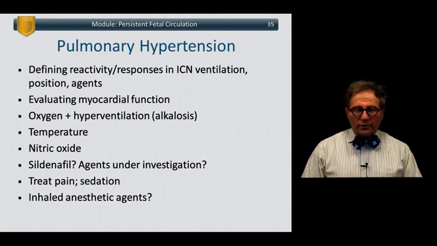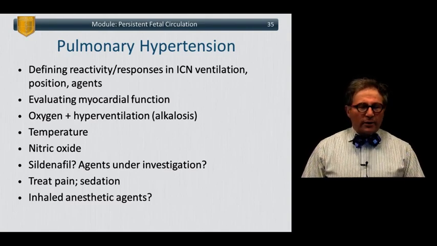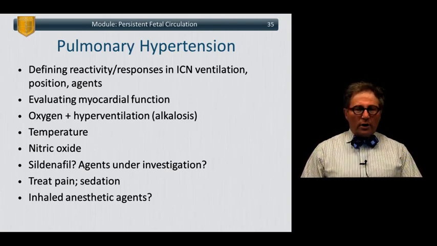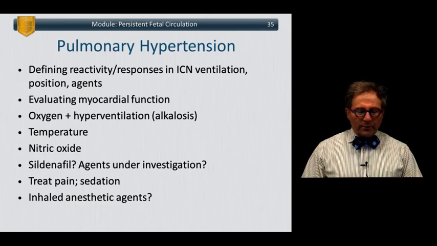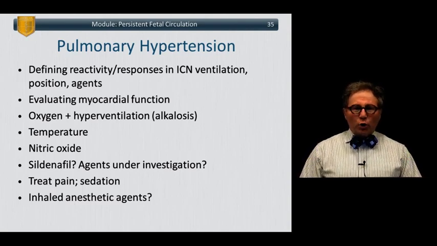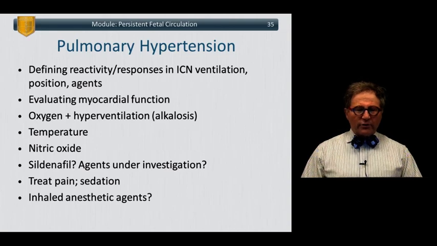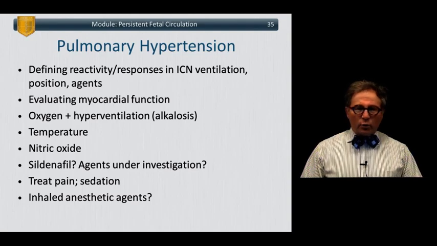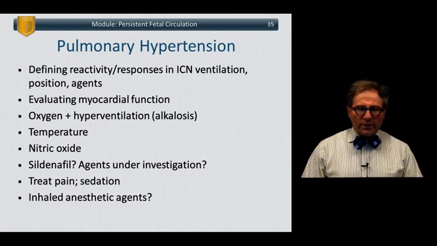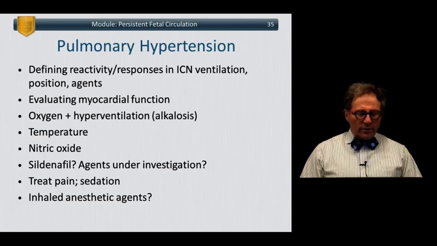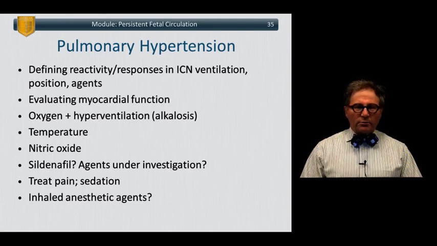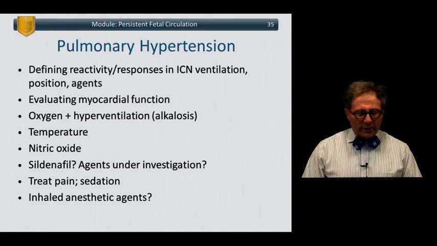But when we find or suspect pulmonary hypertension, it's very important to assess the function of the myocardium and make sure we aren't dealing with a right ventricle that is unable to pump, to implement strategies known to reduce the pulmonary vascular resistance, including oxygen and hyperventilation, to ensure that the child remains warm because cold temperatures may exacerbate this problem, and have nitric oxide available. Again, recognizing there are some children in whom nitric oxide is ineffective.